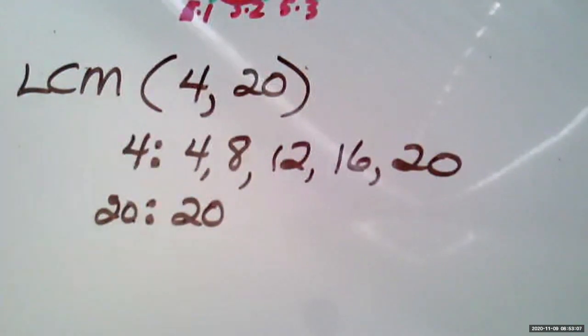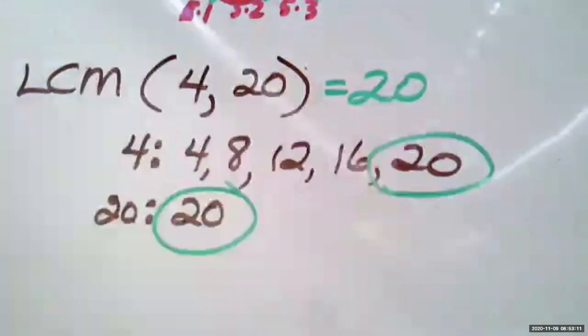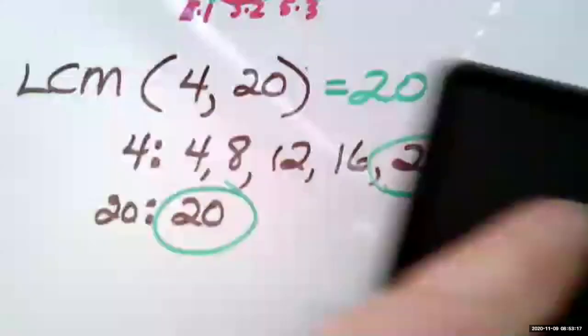So 20 is the least common multiple of those two digits.